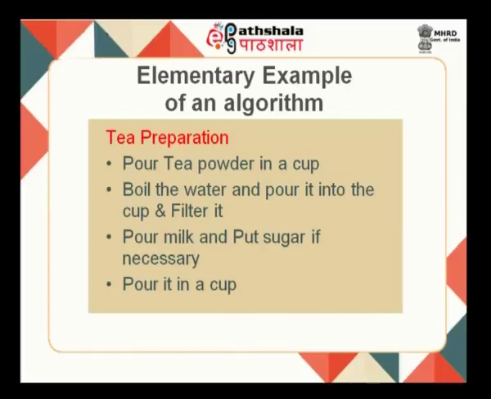In other words, the activity of tea preparation can be said in terms of steps 1, 2, 3, 4, etc. This is what we call an algorithm. In short, an algorithm is a step by step procedure for solving the given problem.